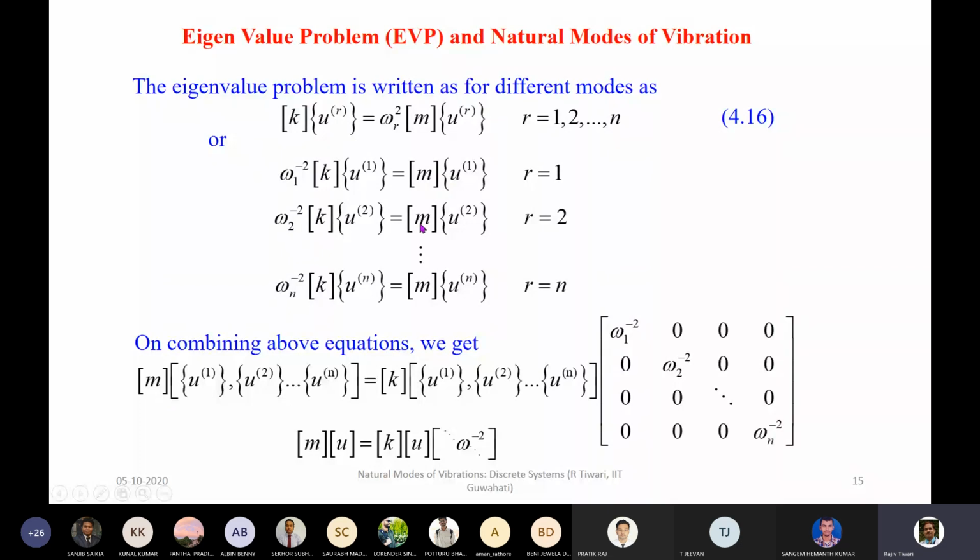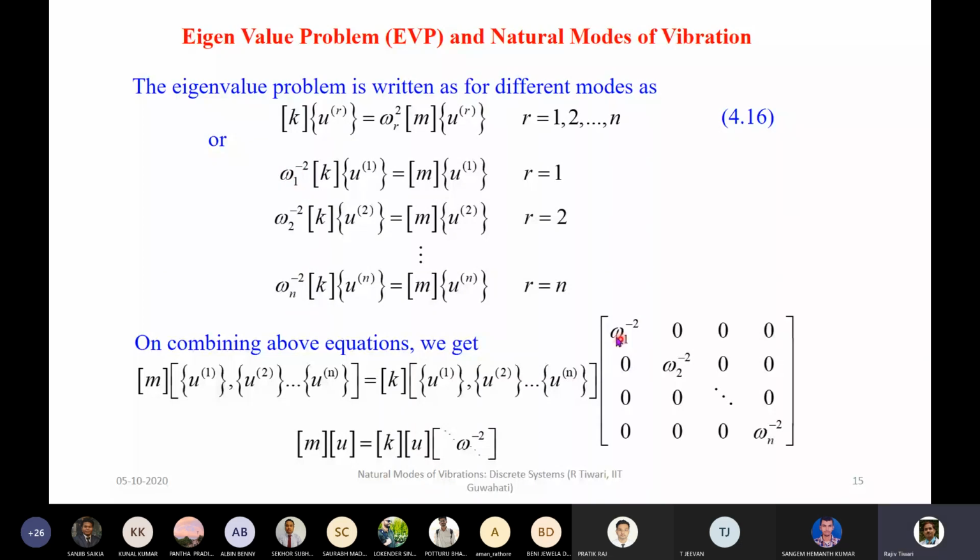So the mass matrix is common. These will be within a matrix u1, u2, un from here to here, and then this K matrix, U again there in a matrix, and this natural frequency square with minus sign.